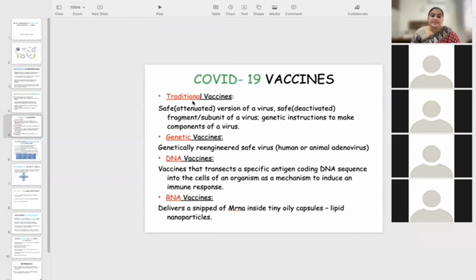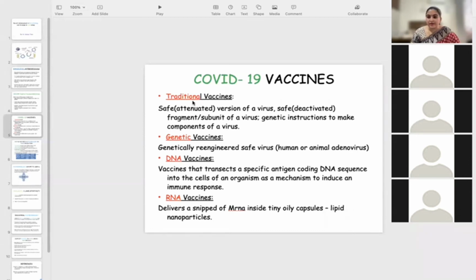DNA vaccines transfect a specific antigen-coding DNA sequence into the cells of an organism as a mechanism to induce an immune response. Whereas RNA vaccines deliver a snippet of mRNA inside tiny oily capsules, lipid nanoparticles especially. When we compare DNA and RNA vaccines, which are genetic vaccines, versus traditional vaccines, we can see that in traditional vaccines, only a small fragment of an attenuated, non-pathogenic virus is injected inside our body in order to evoke the immune response.